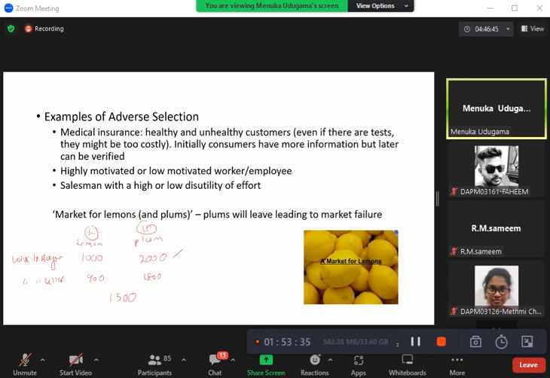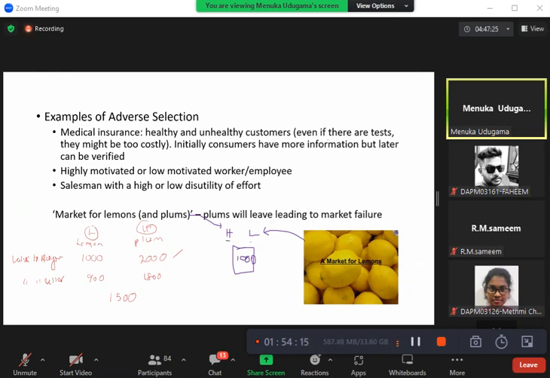High quality cars are called plums, right? Plums are high quality cars. The other ones are called lemons, right? So if both these types of cars are in the same market, and if there's no way of verifying, let's say the car market will have to sell all the cars on average, each car at 1,000 rupees.